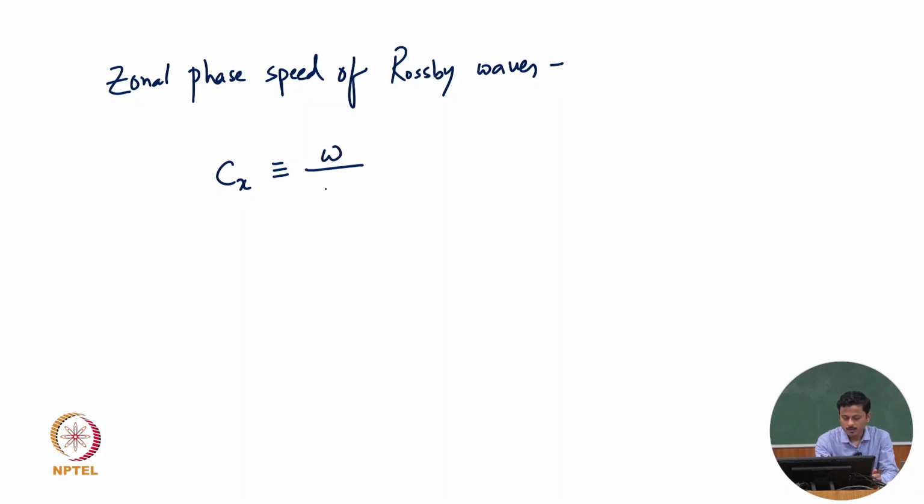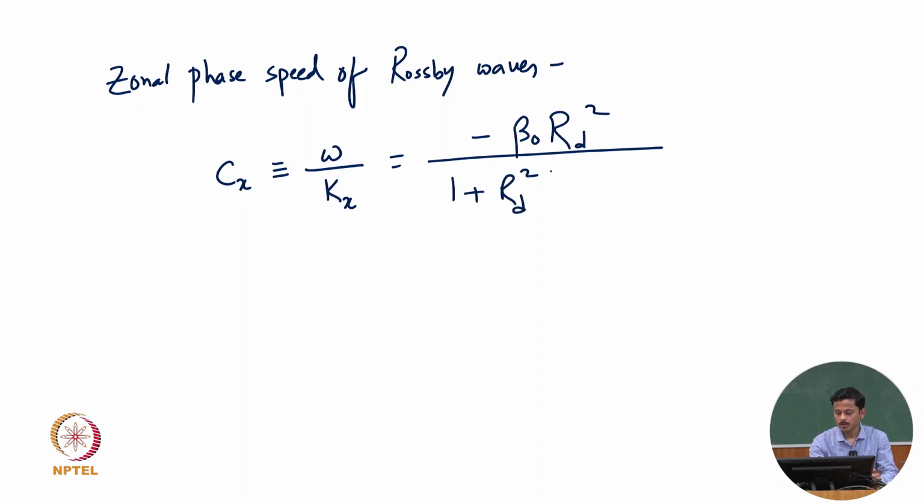This is defined as the frequency over the wave number in the x direction, and this is minus beta naught Rd squared by 1 plus Rd squared times kx squared plus ky squared.